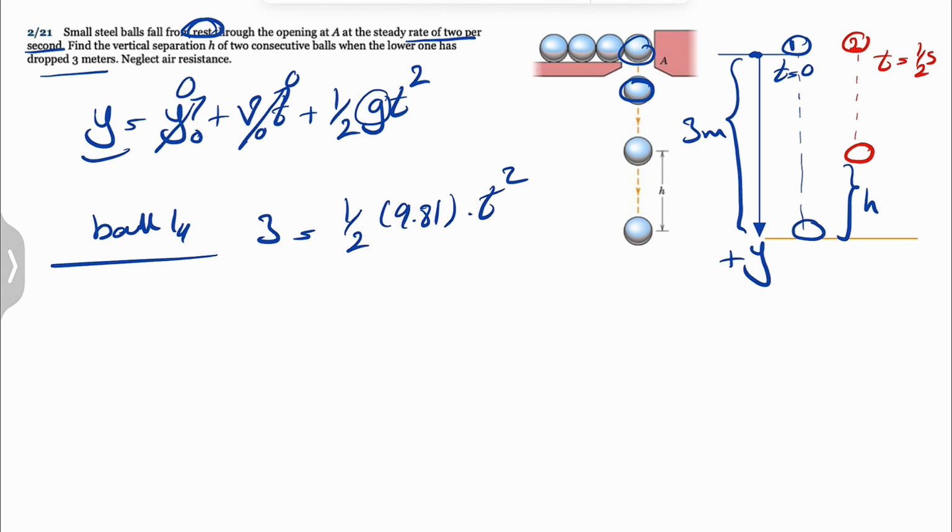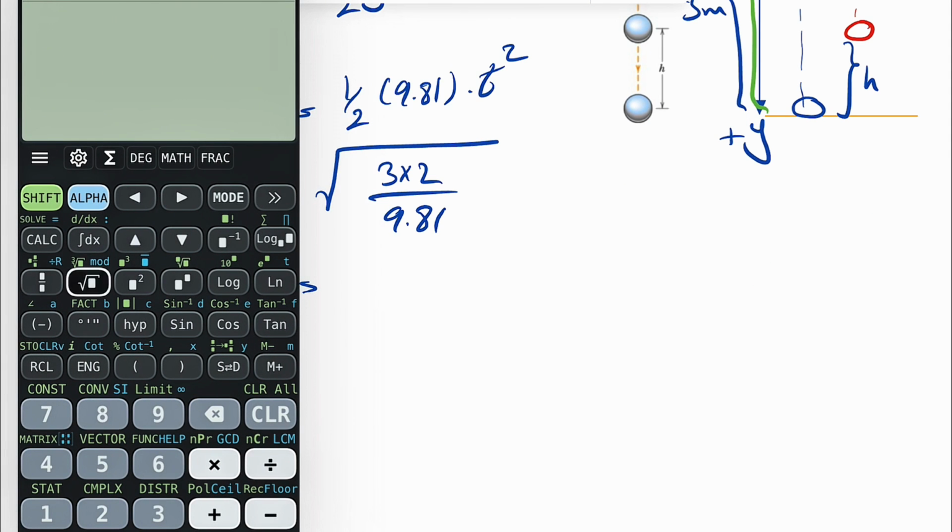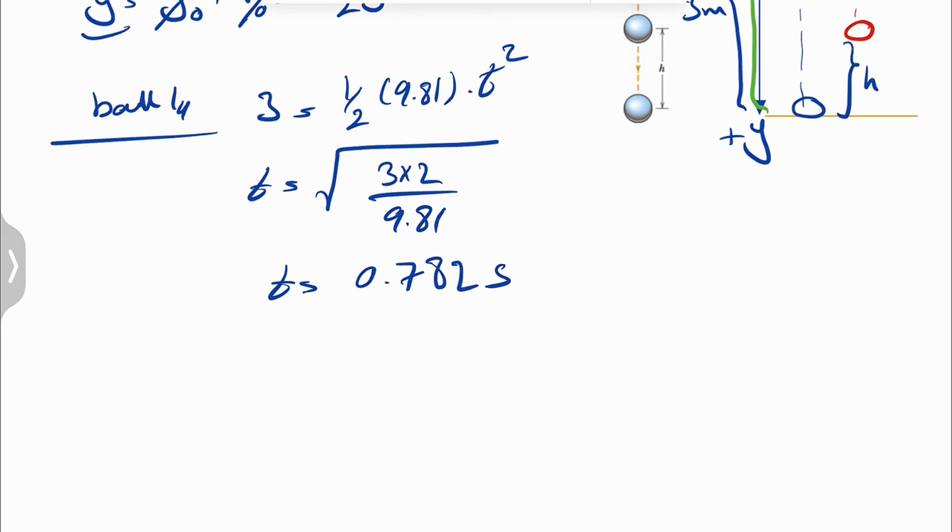That's going to give us the time for ball 1 when it gets to 3 meters away from the starting point. So let's see what we get for t. It's the square root of 3 times 2 divided by 9.81, so the time would be the square root of 6 divided by 9.81, and that's going to give us 0.782 seconds.